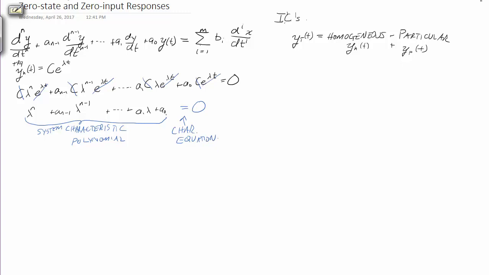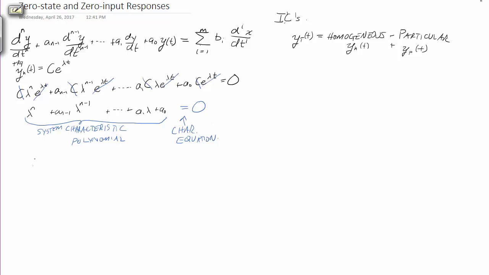And this is powerful because it's turned the study of a differential equation, which will have an answer that is a function, into the study of a single polynomial, which, if you look at it as equal to 0, we're just trying to find the n possible lambdas that make this true.